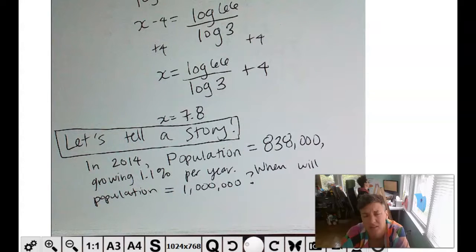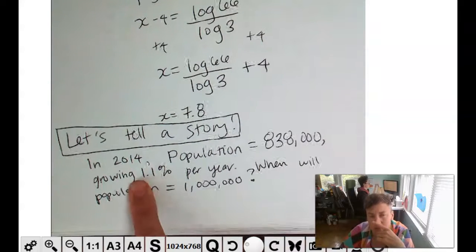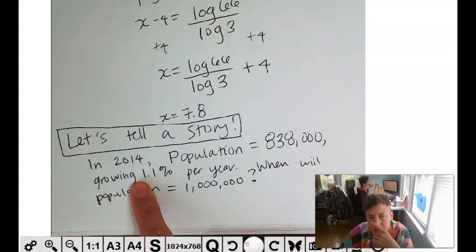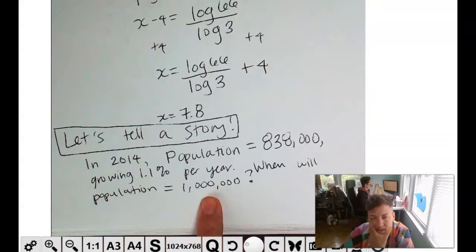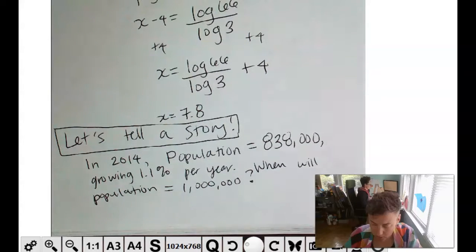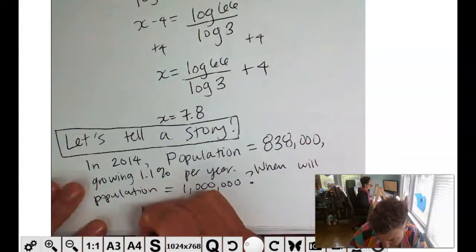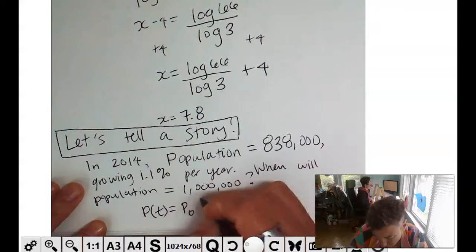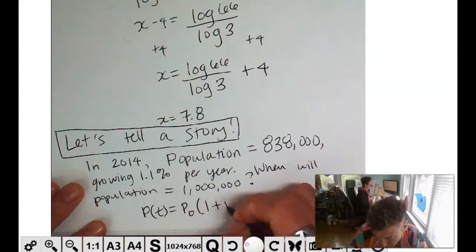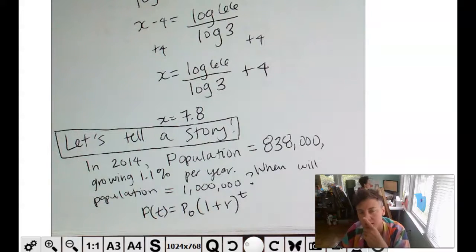It says we have a starting value. We are growing. This must be exponential growth. We want to know when this is happening, so we're searching for a time. What was our equation for exponential growth? The population at time t equals the initial population times 1 plus the rate to the time. Okay, we're getting somewhere.